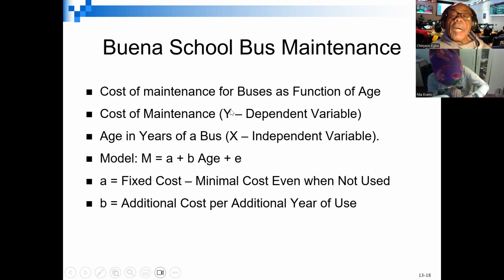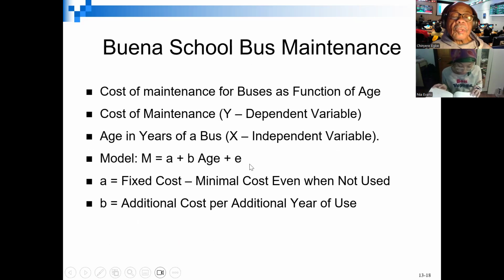Okay, here is another example. The cost of maintenance for a bus. Okay, the cost of maintenance is the dependent variable. The age of the bus is the independent variable. And so we specify a model that cost is equal to A plus B times age, plus, of course, an error.